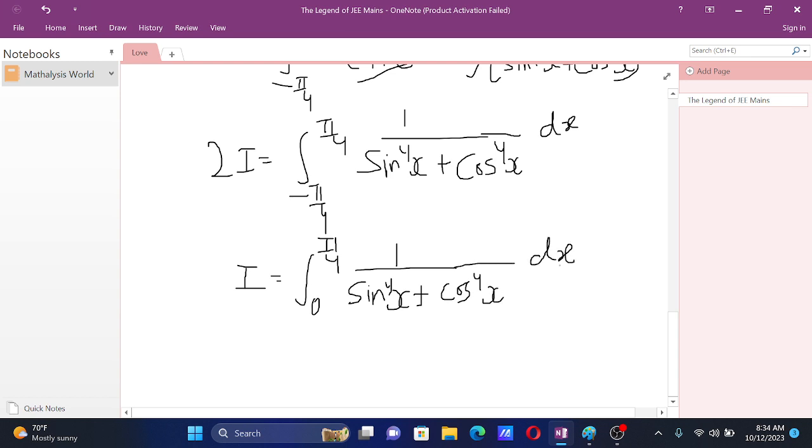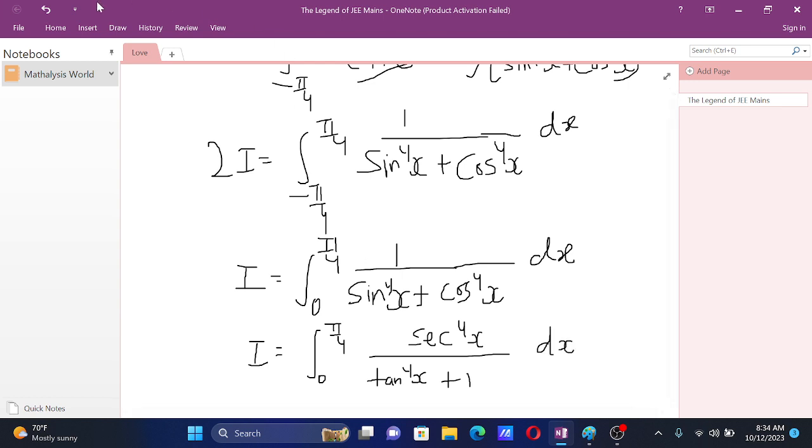Now we can use a standard technique of dividing numerator and denominator by cos to the power 4x, so we will multiply by sec to the power 4x over here, and we get integral from 0 to pi by 4, sec to the power 4x by tan to the power 4x plus 1 dx.